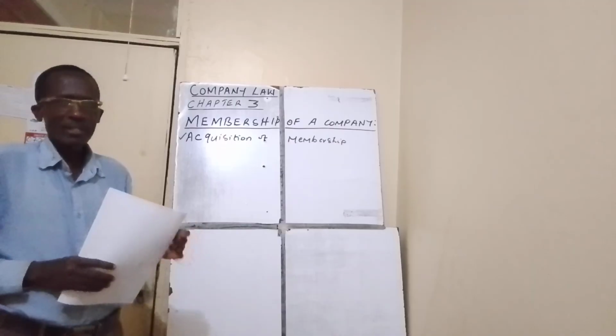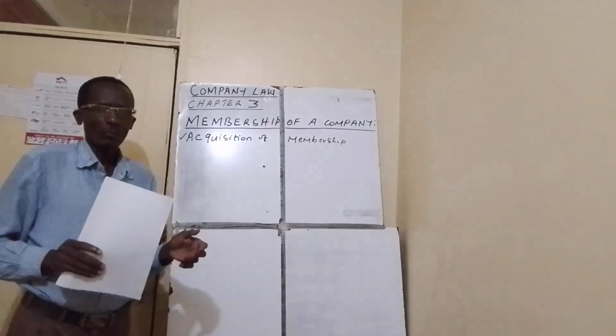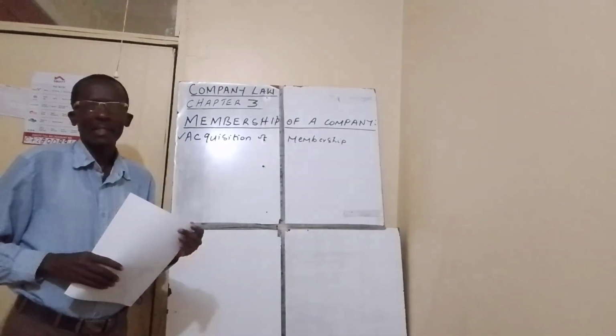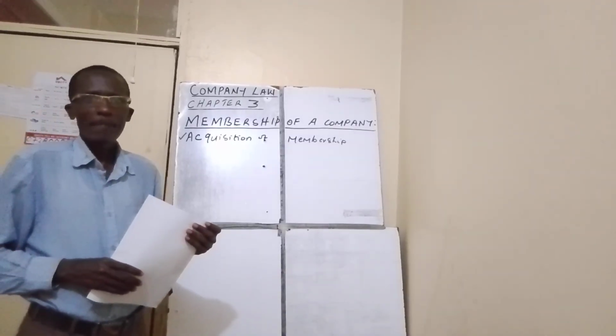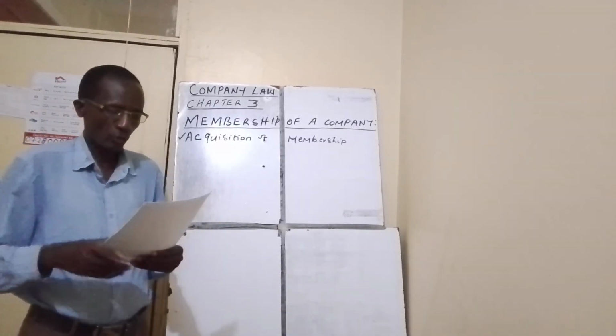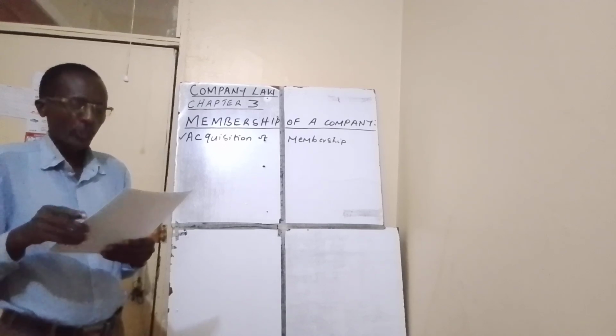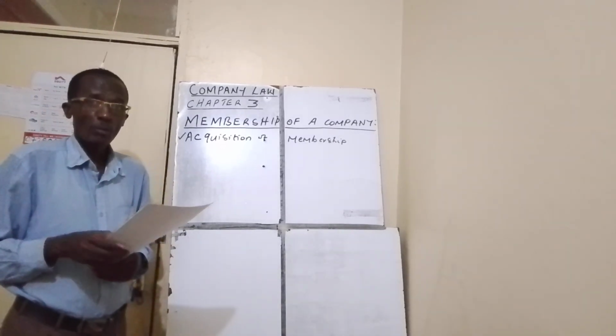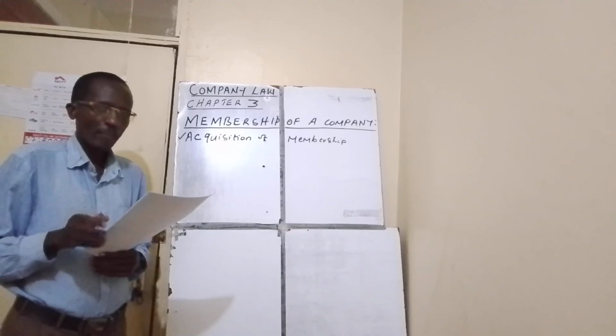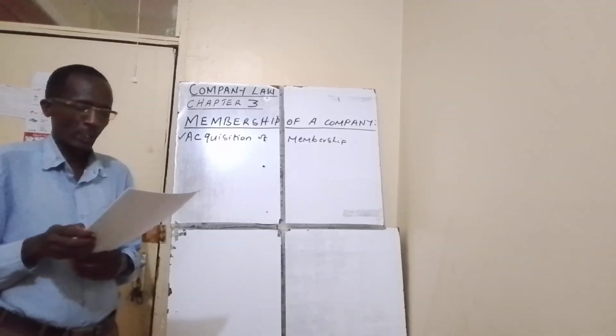So if your name is in the Memorandum of Association, then automatically you will be deemed to be a member of that company. So you can acquire membership of a company by subscribing to the Memorandum of Association.